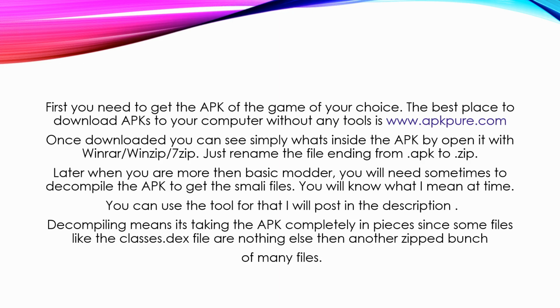And later on, I will explain other ways to get an APK file. When you learn basic modding skills, I will show you how to decompile an APK and get the smali code. Actually, for modding Android games, you need to get the APK file and decompile it to get the source code of the file.